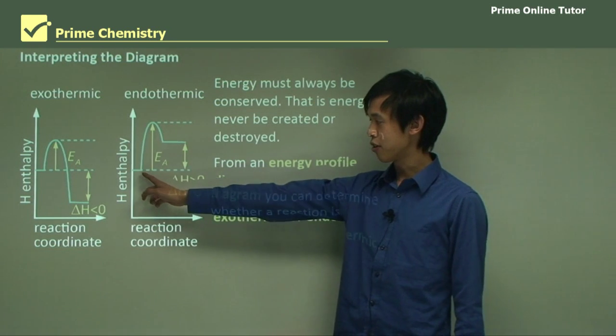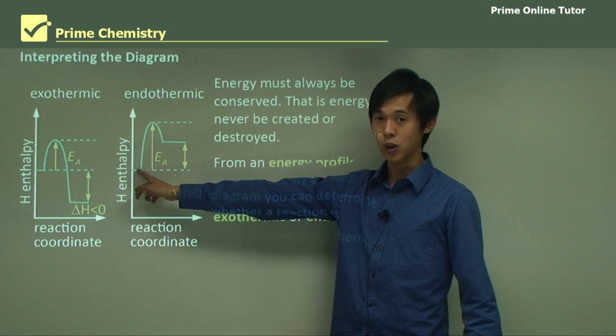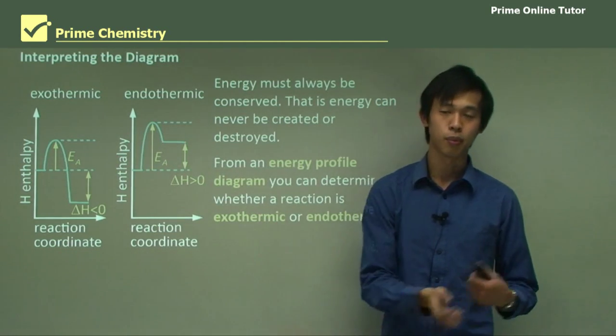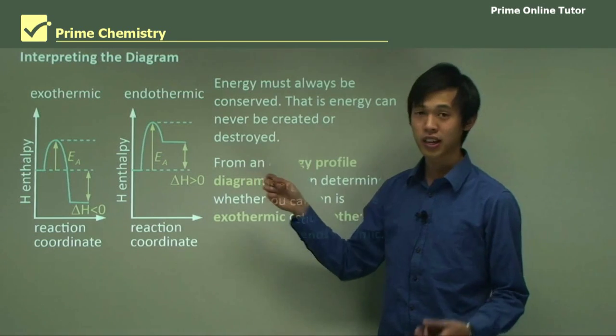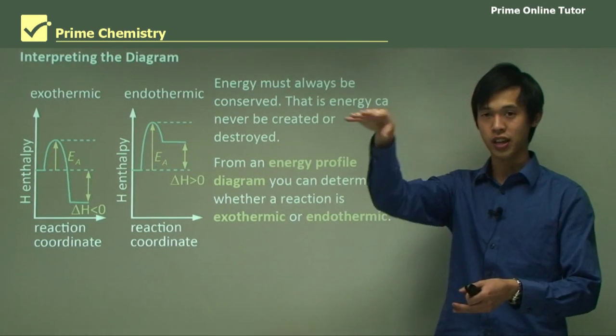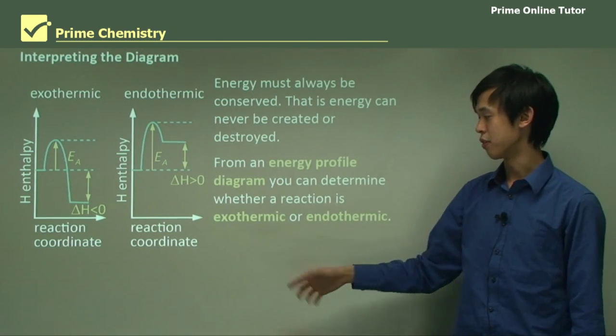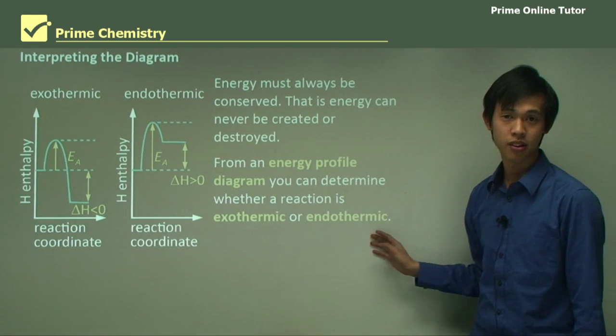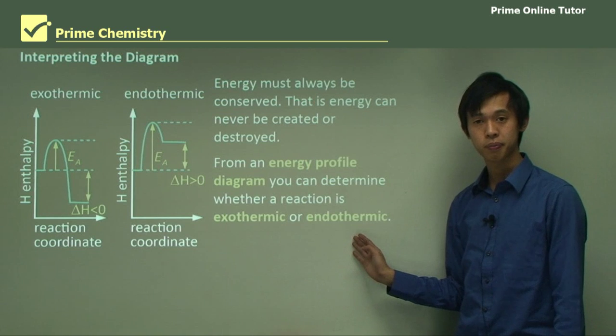In this case, the enthalpy of the reactants is low and the enthalpy of the products is very high. The products have more energy than the reactants, which means we had to put in energy to get them that high. So it must have been endothermic. Just from the shape of these diagrams, you can see if it's exothermic or endothermic.